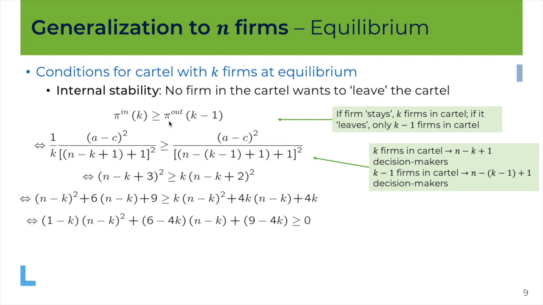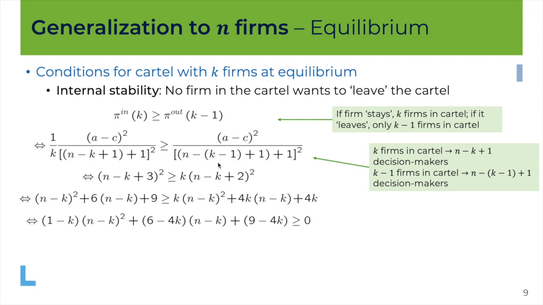Okay, now if the firm goes out of the cartel, that changes the number of decision makers. Instead of N minus K plus 1, we have N minus K minus 1 plus 1. Okay, the cartel has now reduced size because one of the firms has left it. Okay, now how do we get to this next inequality here? Well, we have factored out or divided through by (A minus C) squared, which is in both expressions, and I'm just cross multiplying to get this formula here.